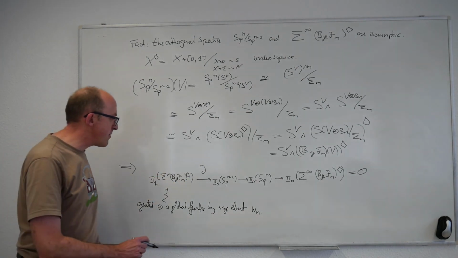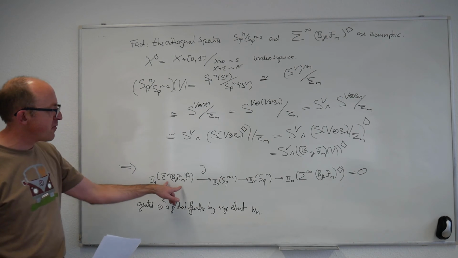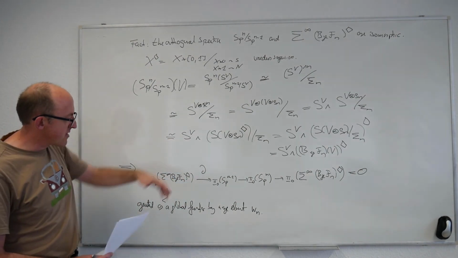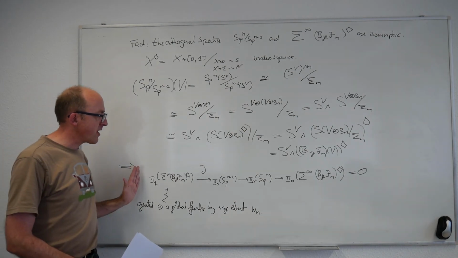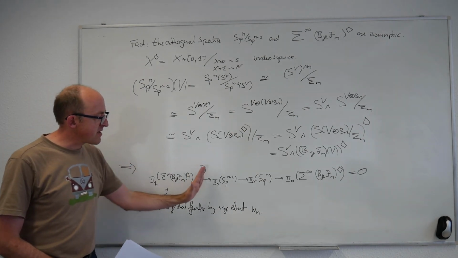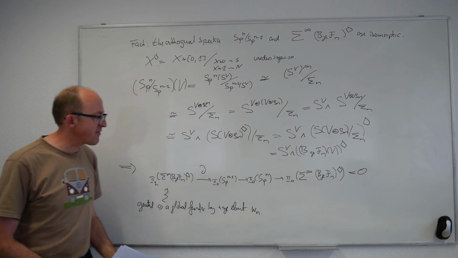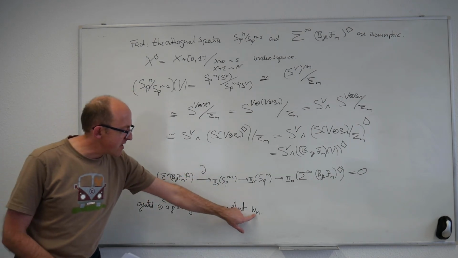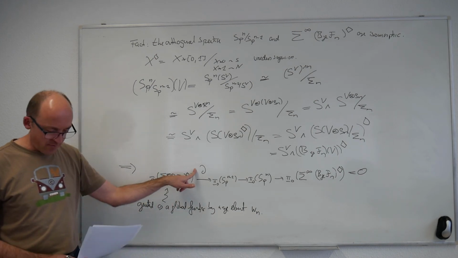So there's a special element in here that comes from the generator of pi 0 sigma n of this orthogonal space that I call Wn. And if we want to understand what happens from here to here, we just have to figure out what the image of this element that generates this global functor under the boundary map is.